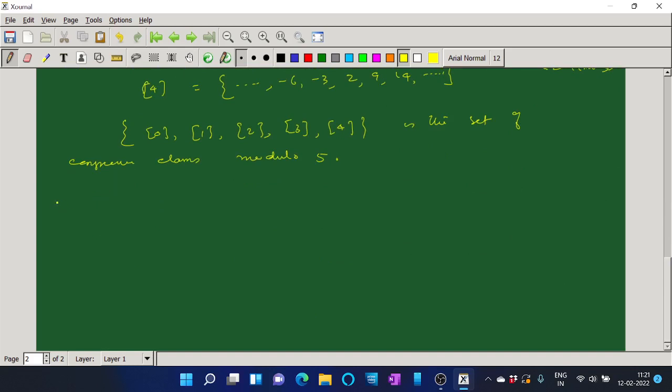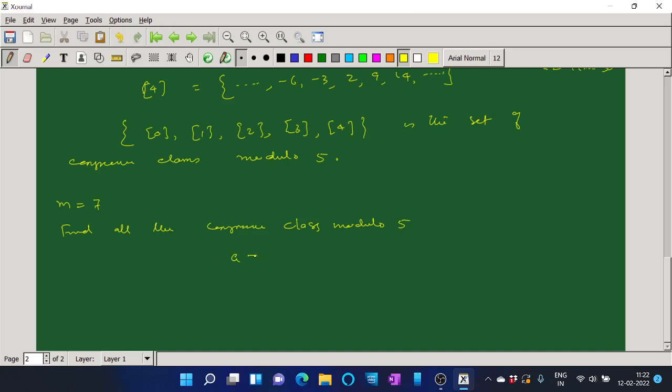Let us take another example, m is equal to 7. So find all the congruence classes modulo 7.